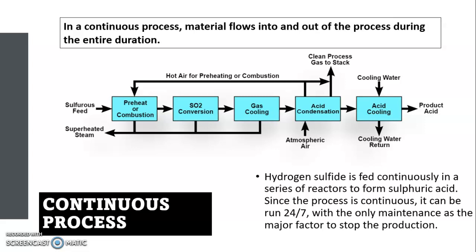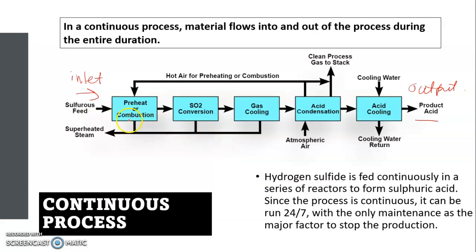Here we can see the production of acid. This is the inlet, or input, and this one is the output, our product. Here hydrogen sulfide is fed continuously in a series of reactors to form sulfuric acid.